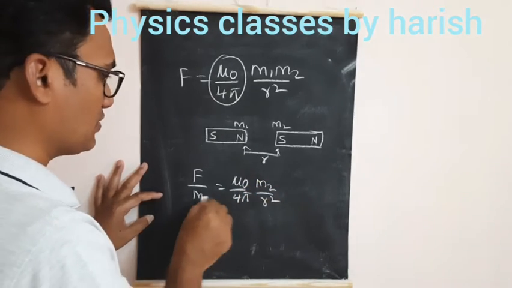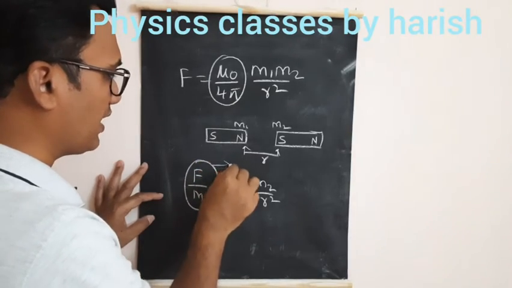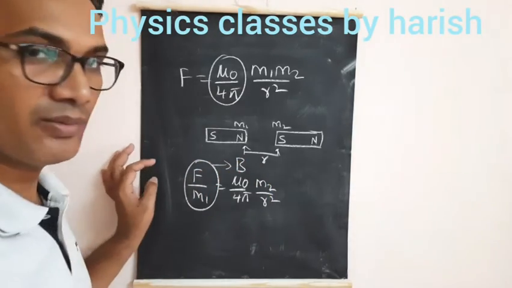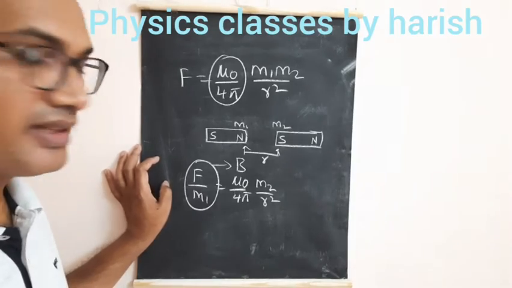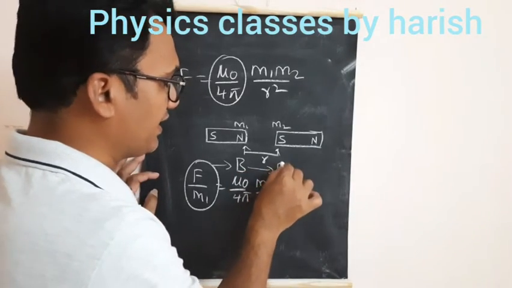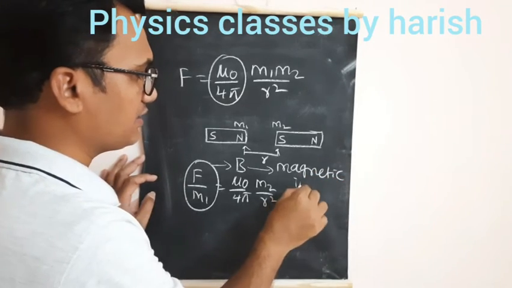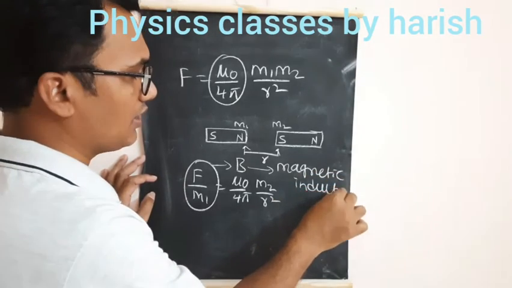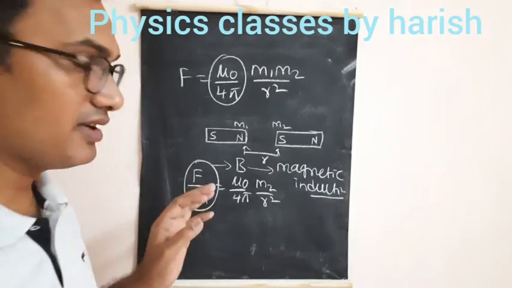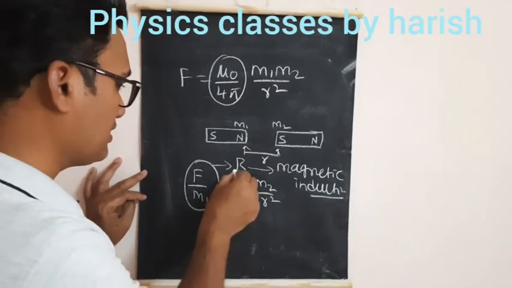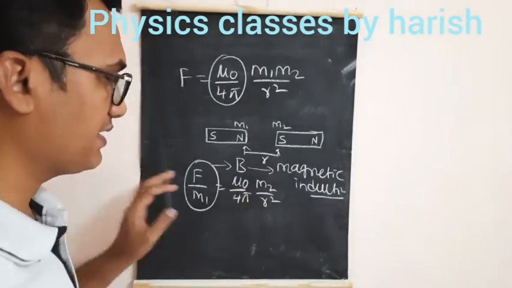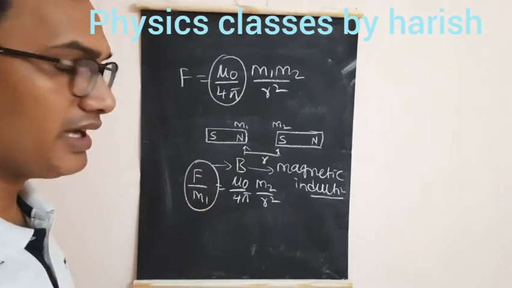This F divided by M is known as B. This is also called magnetic induction, or strength of the magnetic field. The unit of this magnetic induction is Newton per ampere meter.